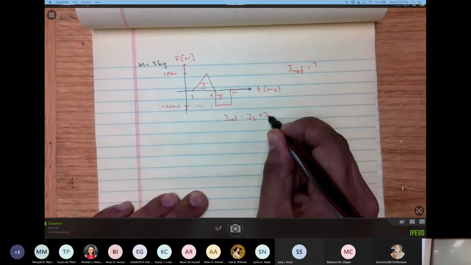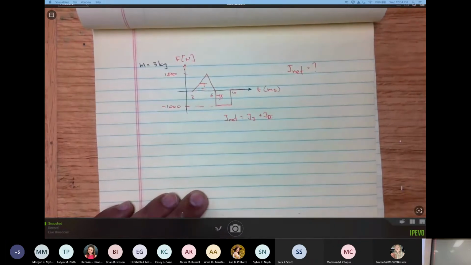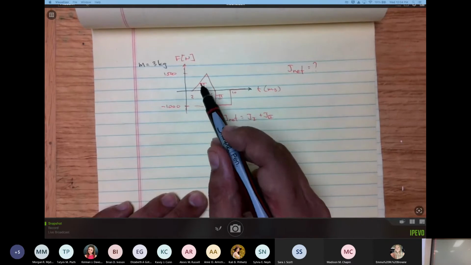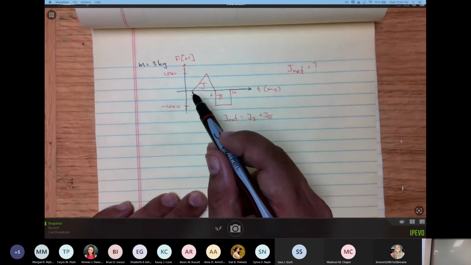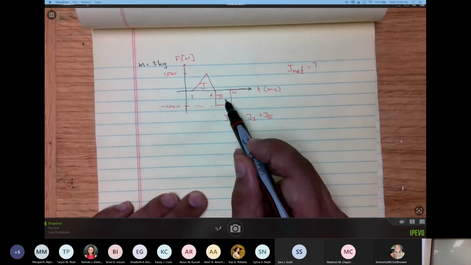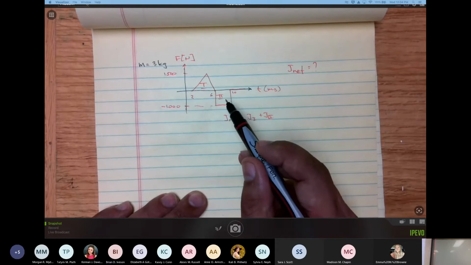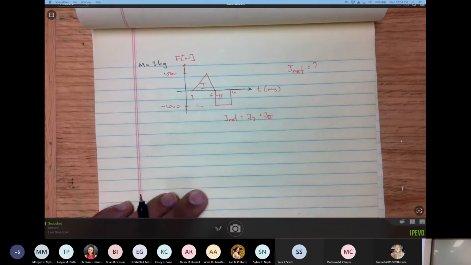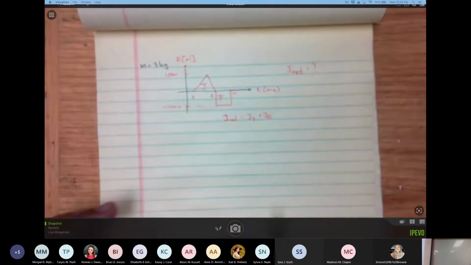The impulse for section number 1 is going to be positive because the forces are positive. For number 2, the impulse is going to be negative just because the forces are negative. So you start to calculate that net impulse, and then review really quick.